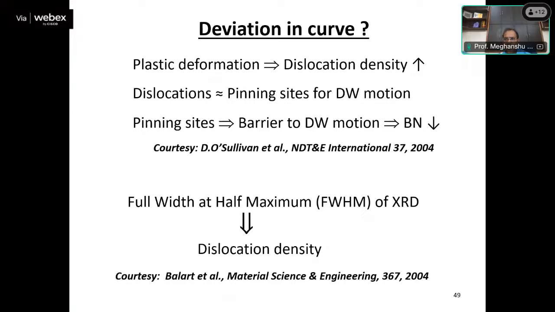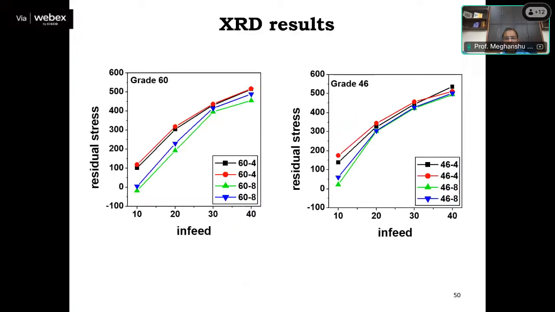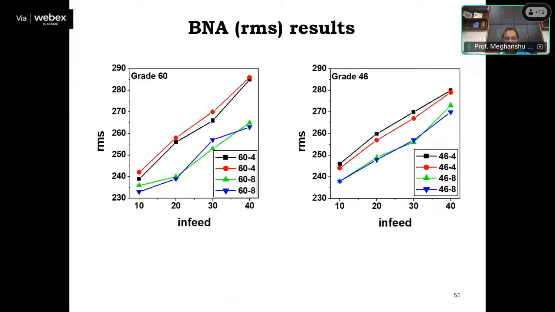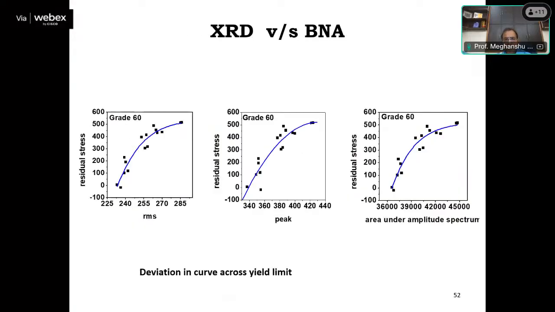That is why we have obtained a deviation in the curve. Otherwise, we are getting a very good correlation between the residual stress and the Barkhausen noise parameter. So these are experimental, actual results, which are indicating the application of the Barkhausen noise technique, and experimentally it has been proved.